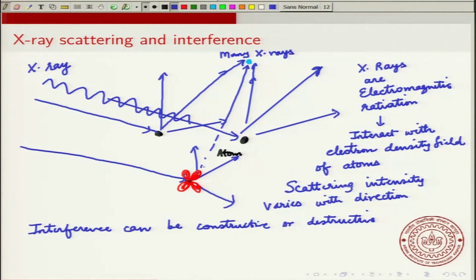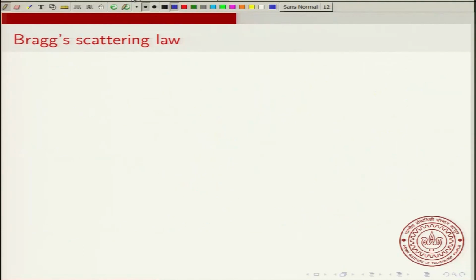So, now let us look at Bragg's scattering law, which is actually a hugely simplified version. It is a very simple result, and what that says is that this scattering of X-rays by all atoms can be imagined in the following way.